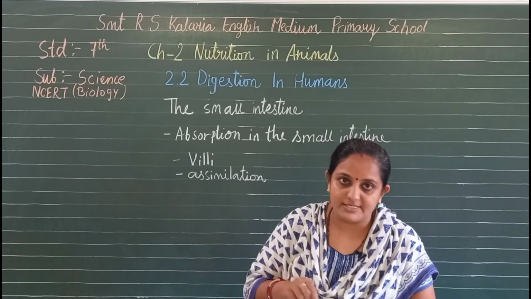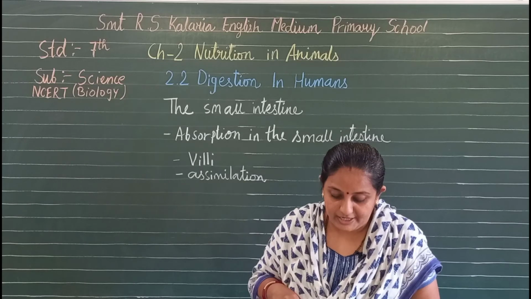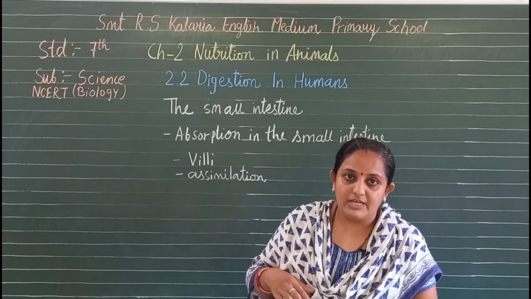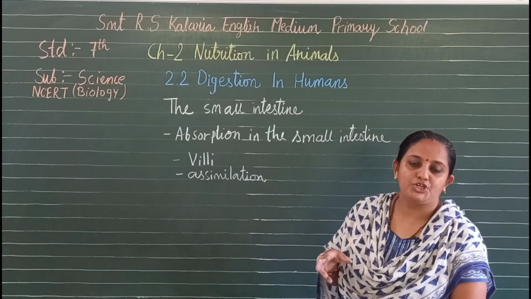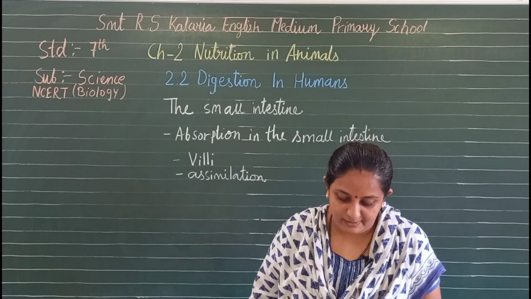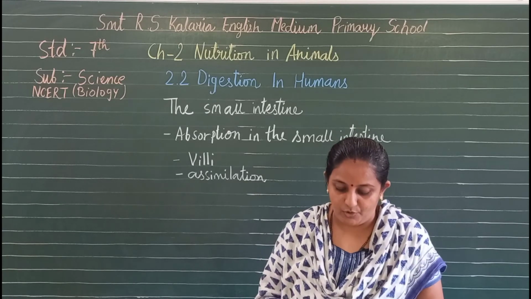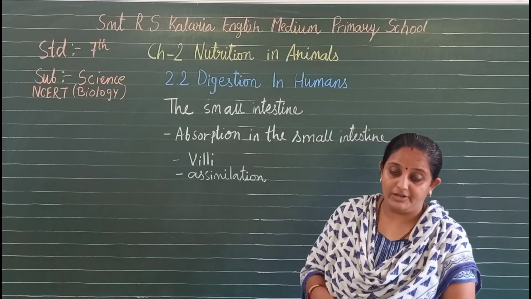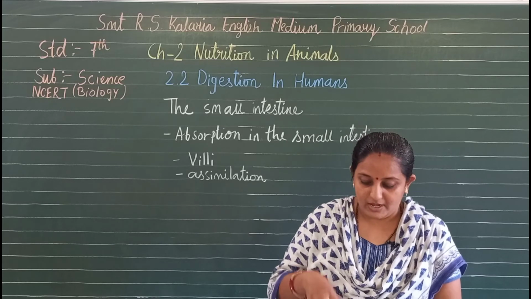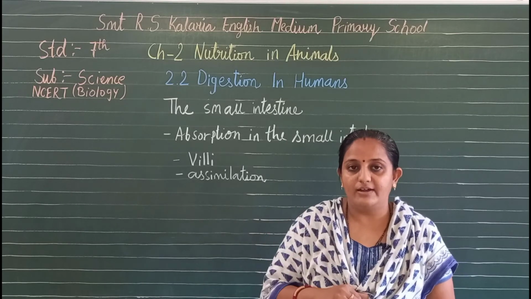Now what happens in the cell? In the cell, glucose breaks down with the help of oxygen into carbon dioxide and water, and energy is released. That is respiration, energy release होना वहाँ पे. The food that remains undigested and unabsorbed enters the next compartment, the large intestine.